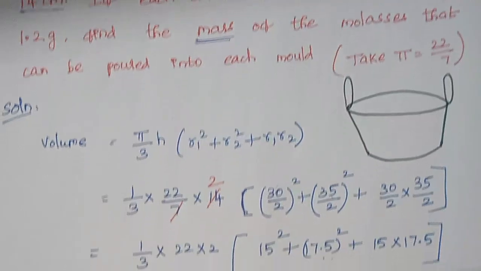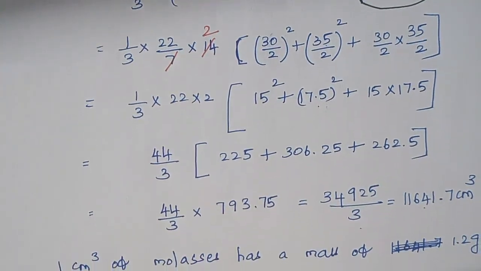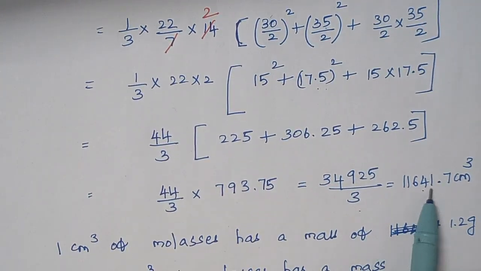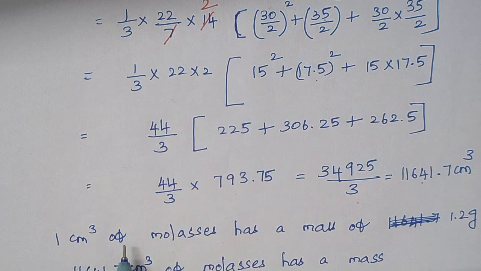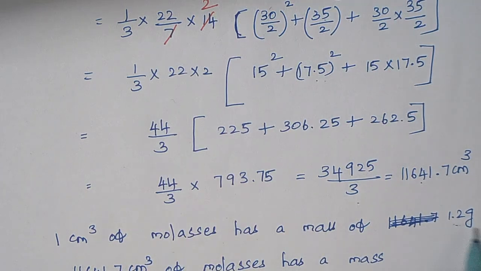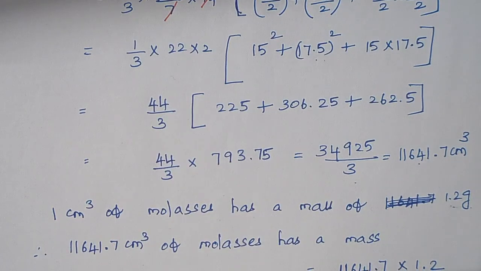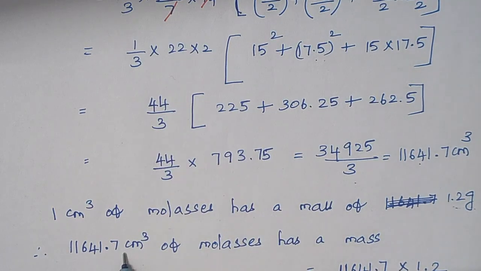Now what about the volume here? Here you see it is 11641.7. Totally we have this much of volume. So 1 centimeter cube of molasses has 1.2 gram. Now then what about 11641.7 centimeter cube? Just you have to multiply.